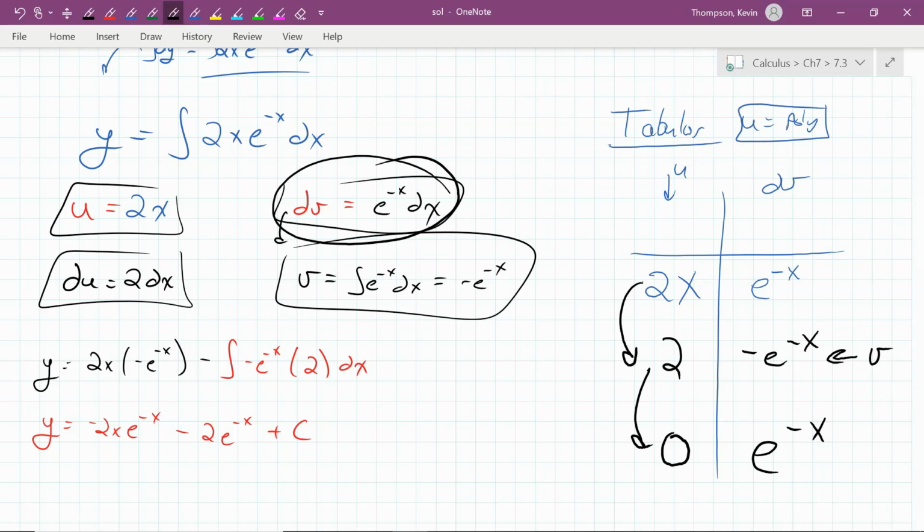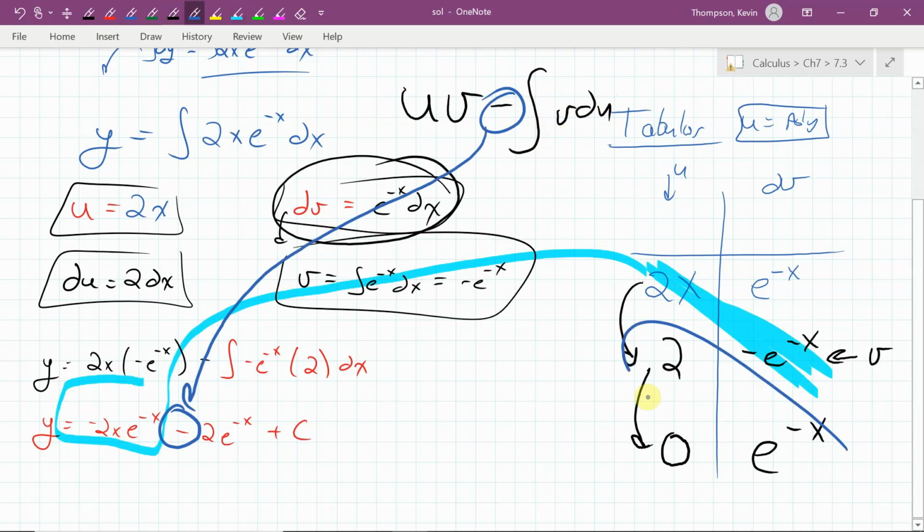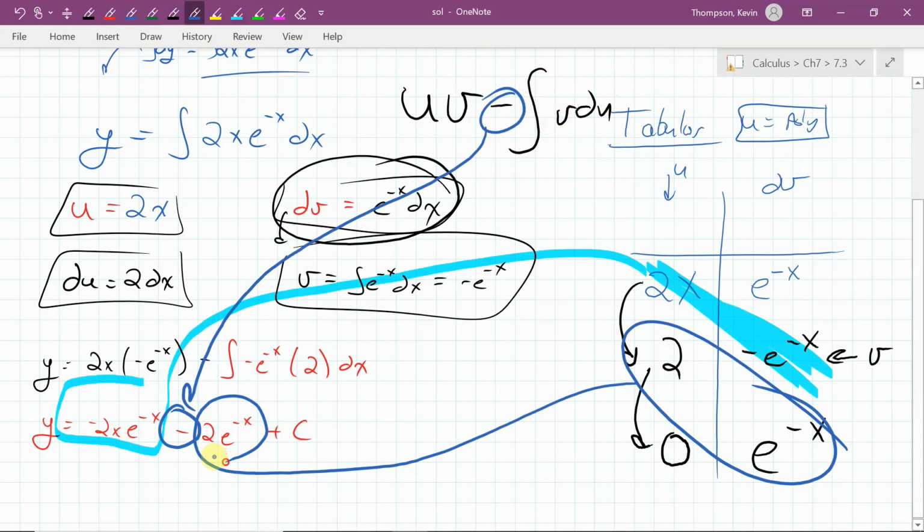Do you see the answer? u times v, which is right here. If you think about the formula we're writing, we're saying uv minus the integral of v du. So minus is this minus. Do you see that is this piece right here?